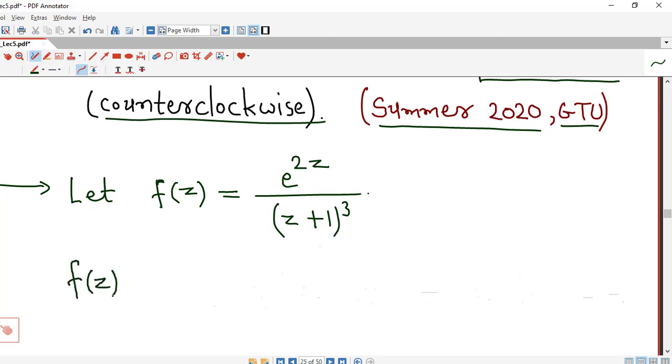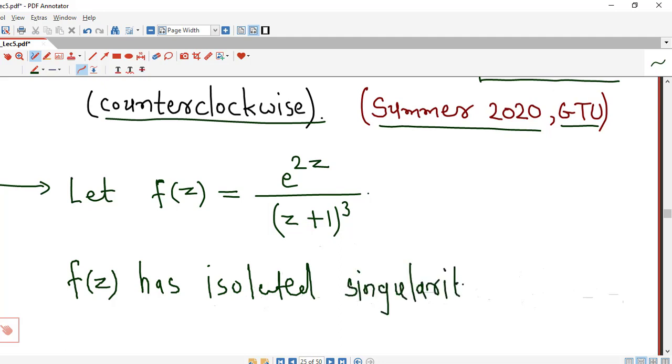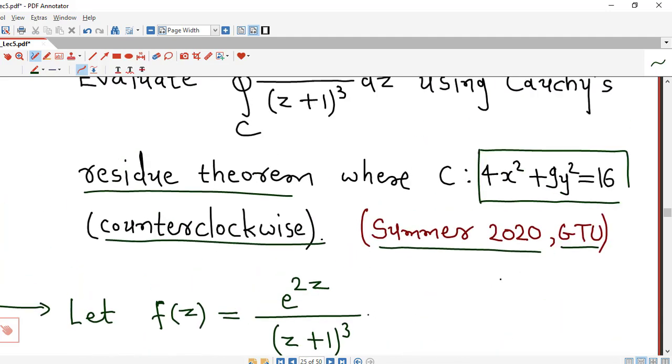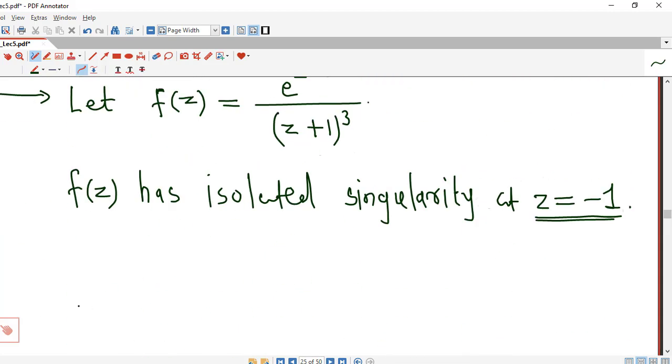So we can say that f of z has an isolated singular point at z equal to minus 1, or isolated singularity at z equal to minus 1. Now we have to check whether this z equal to minus 1 is inside the given contour or outside the given contour. So now we focus on the given curve.